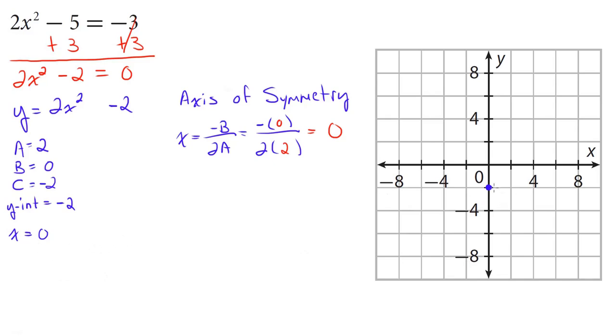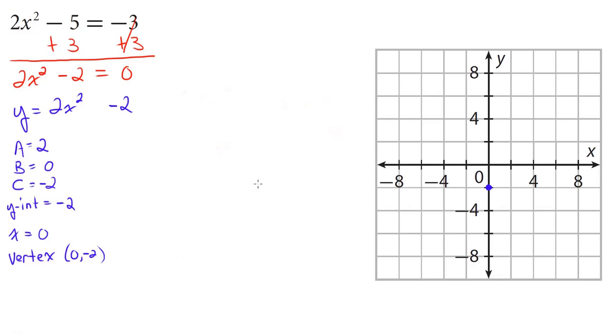Well, we already put it there because the y-intercept is where x is 0. And in this case, our axis of symmetry, x is 0. So in this case, the y-intercept and the vertex are one and the same. So this vertex is at the point 0, negative 2.